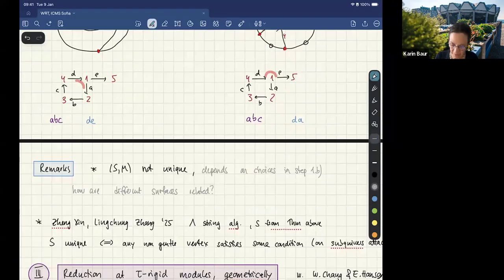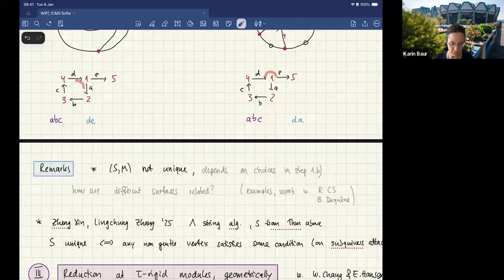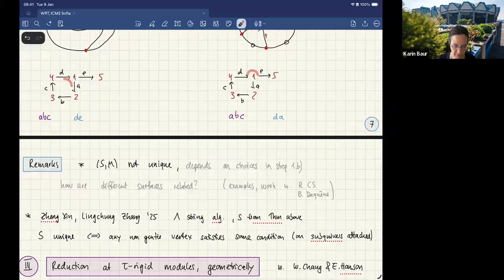So this is work with Raquel Coelho-Simoes and Benjamin Dequesne. There is recent work of two students of Wen Chang who gave a characterization of when the surface is unique, and they have a condition on the vertices.